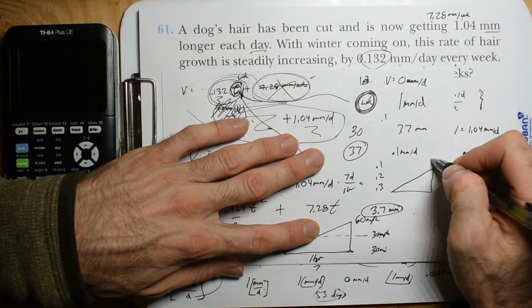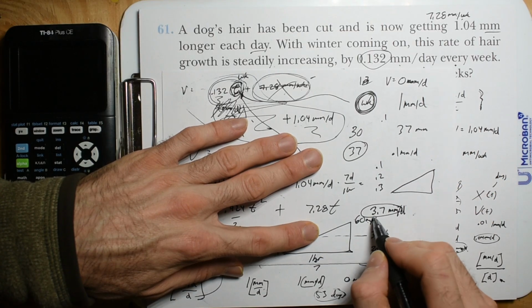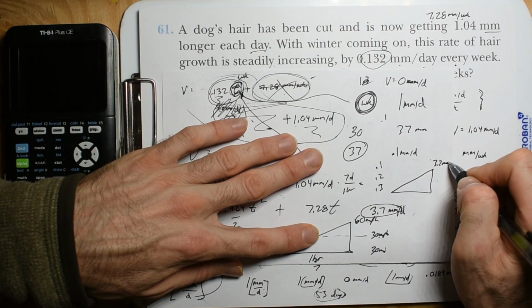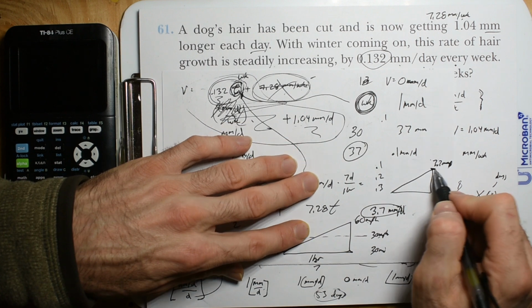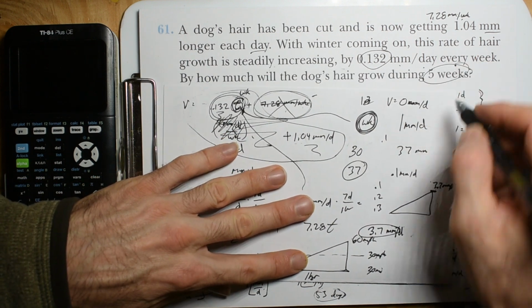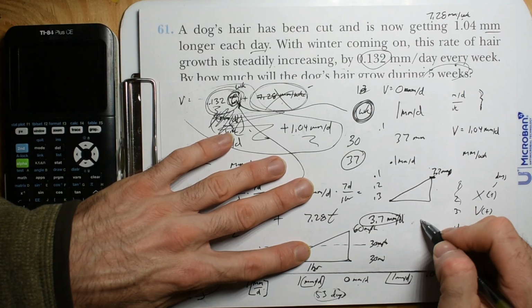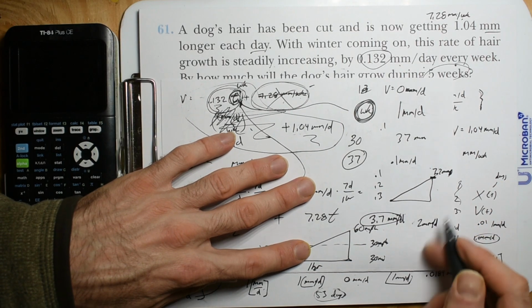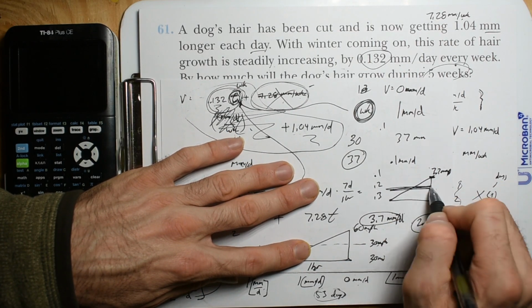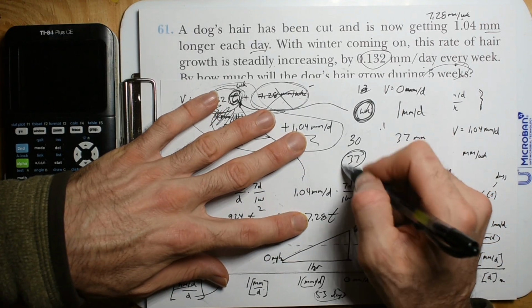If my velocity is going to be 3.7 millimeters per day right at the time where I measure the hair, I started with 0 velocity, so kind of the halfway point, I'm just going to guess, is 2 millimeters per day. Sweet, so that's going to be my average velocity, and I did that for about 40 days.